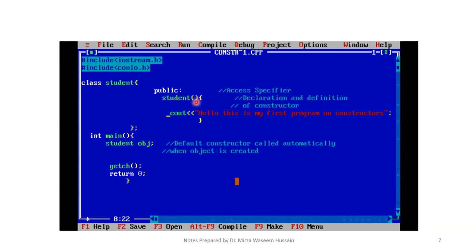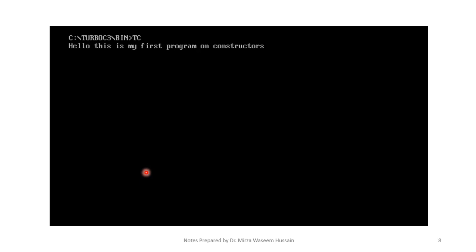Here we're declaring and giving the definition of the constructor, which prints: hello, this is my first program on constructors. Here the object is being created and the constructor is called automatically. Here is the output: hello, this is my first program on constructors.